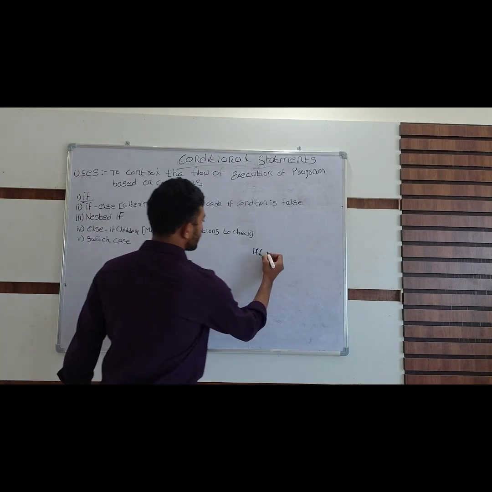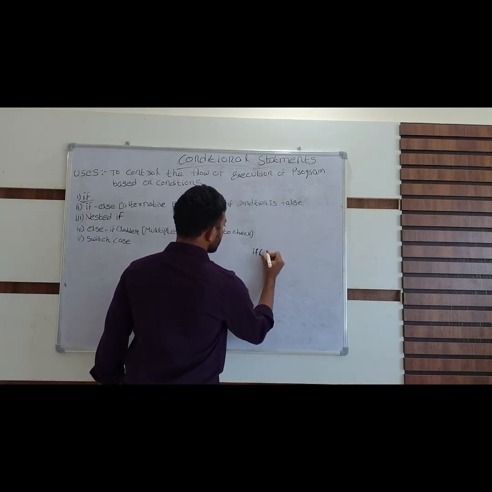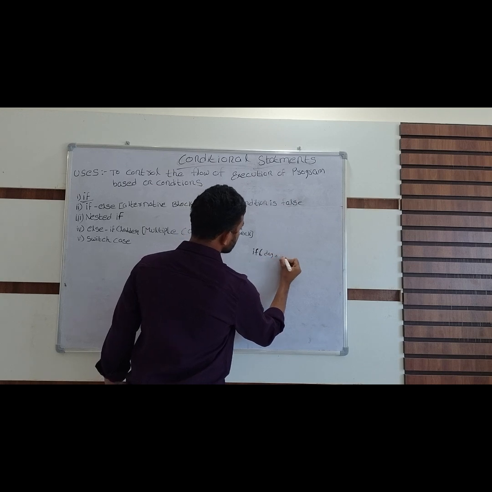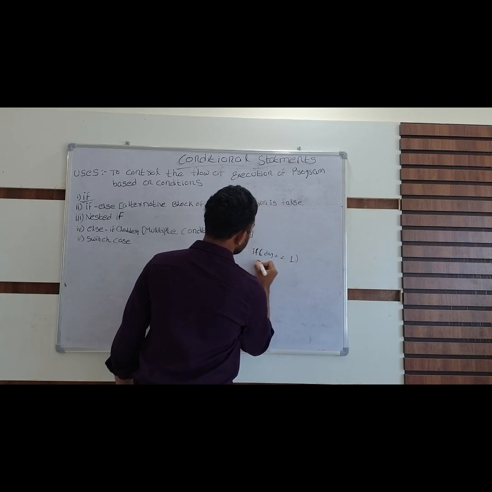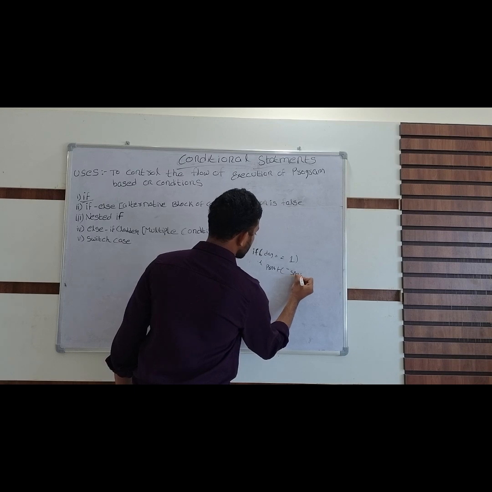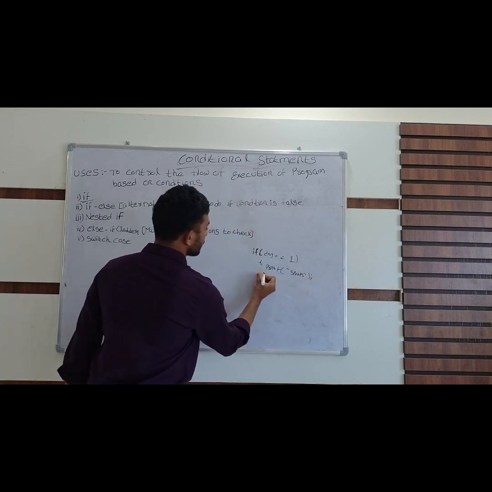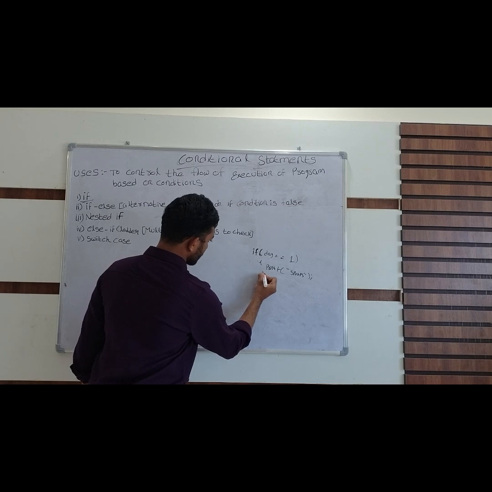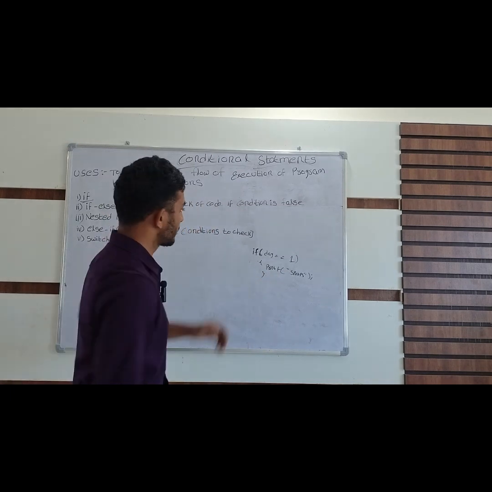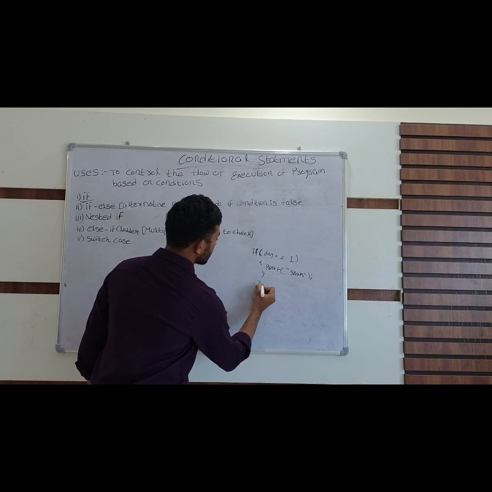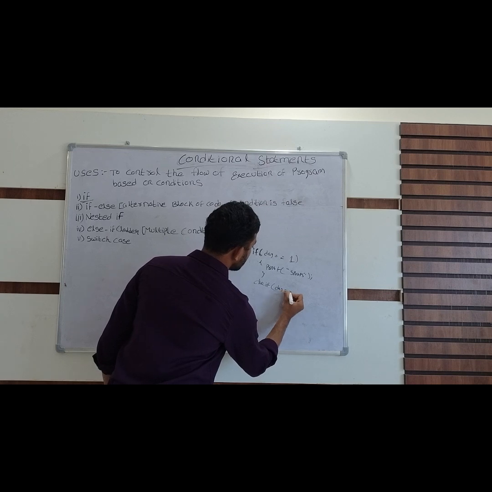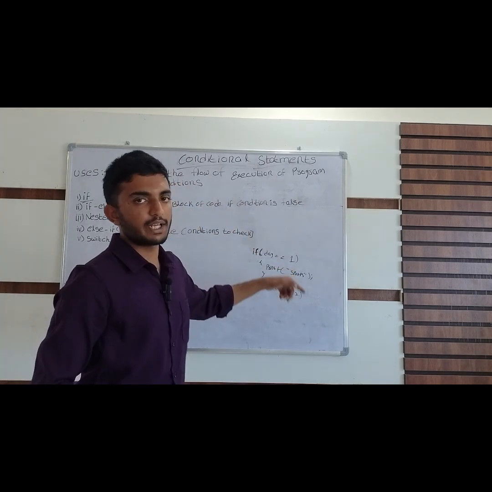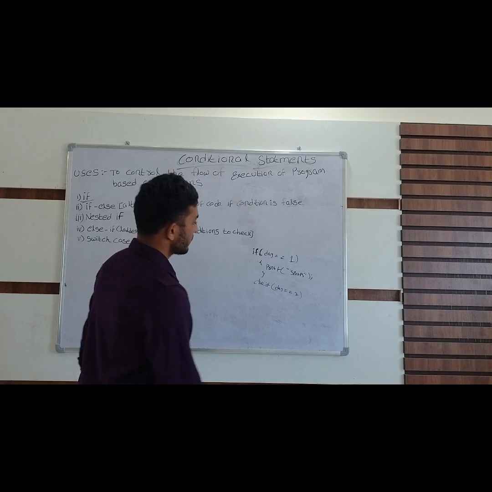If day double equals to 1, then printf sports. We have to take the necessities of the sports class. Else if day double equals to 2, it means day 1 means Monday, day 2 means Tuesday, like that.